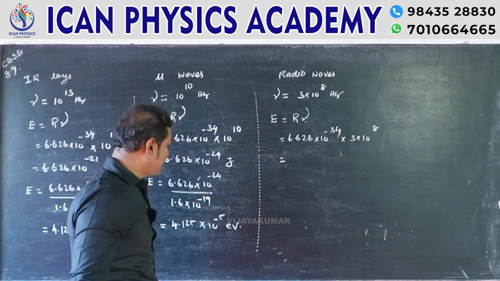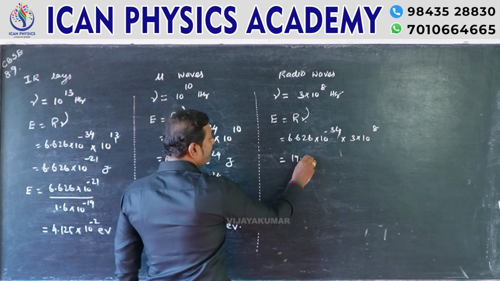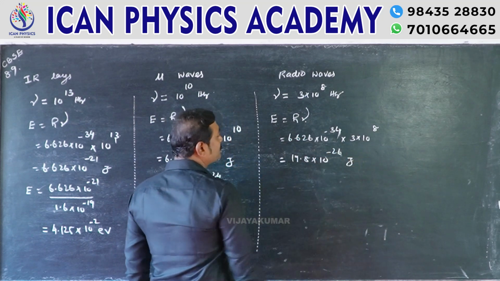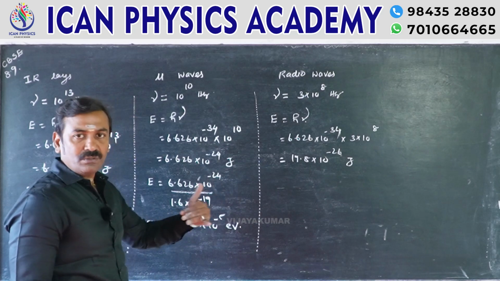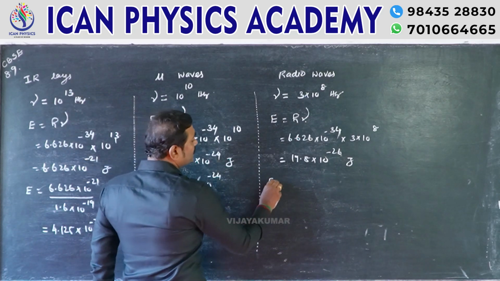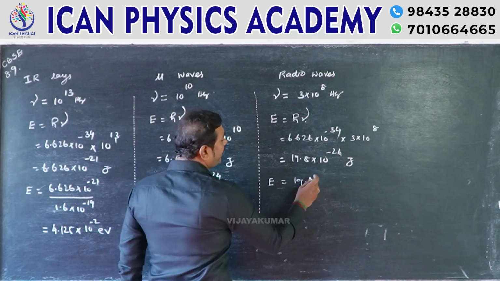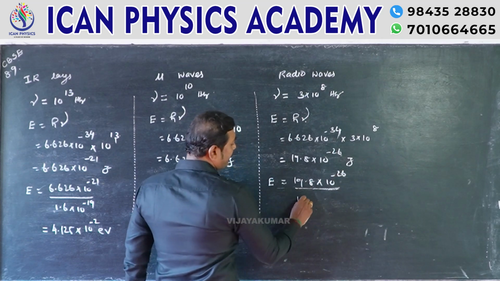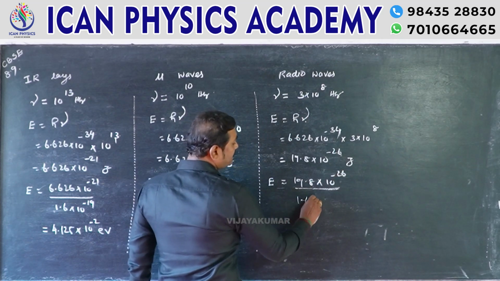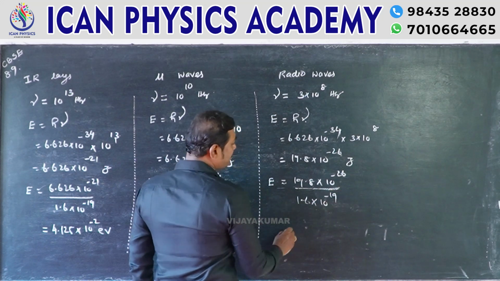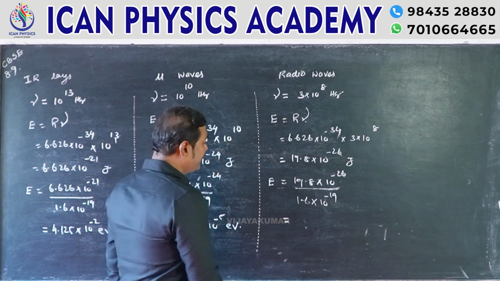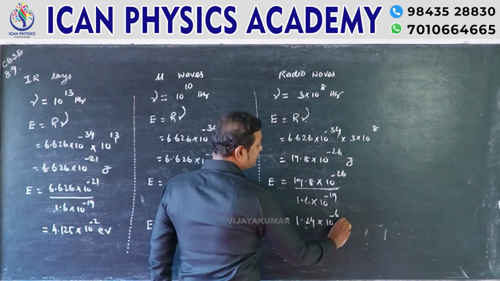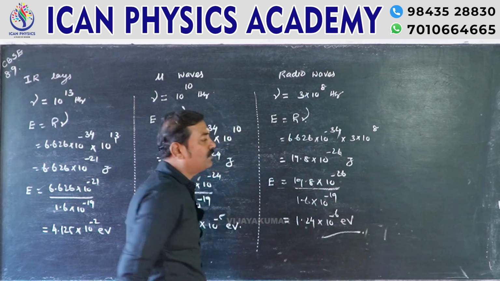So we can get 19.8 into 10 to the power minus 26, this much of joule. Now convert the joule into electron volt. So E equal to 19.8 into 10 to the power minus 26 divided by 1.6 into 10 to the power minus 19. So finally we can get 1.24 into 10 to the power minus 6, this much of electron volt.